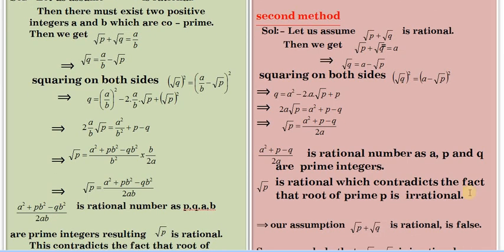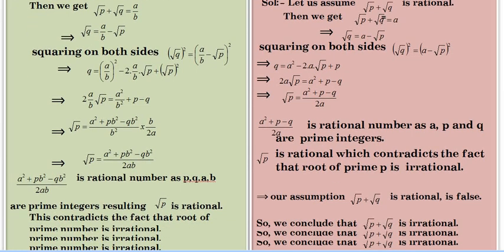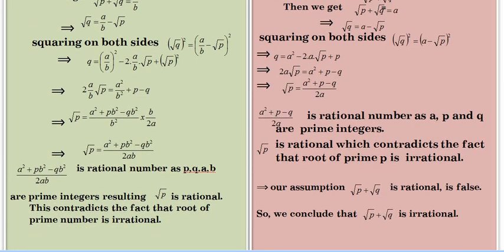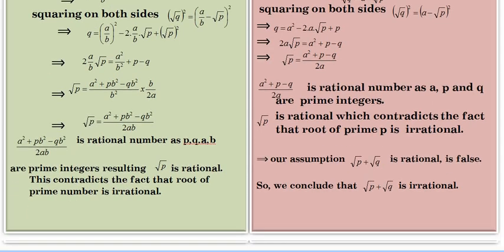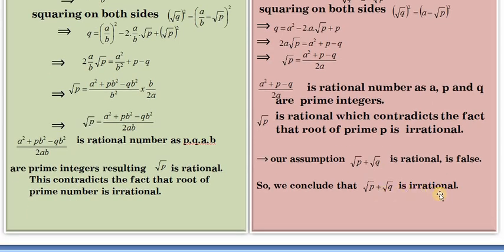What is the fact? Root p is irrational because p is a prime number, so the square root of a prime number will be irrational. So our assumption is wrong. What is the assumption? Root p plus root q is rational is false. That means root p plus root q is irrational.